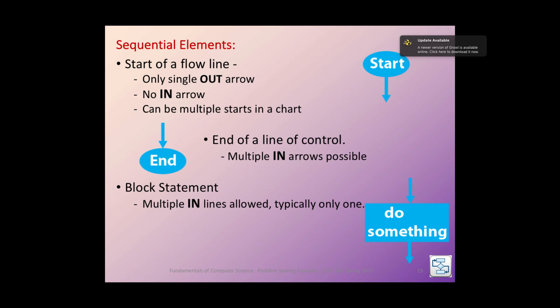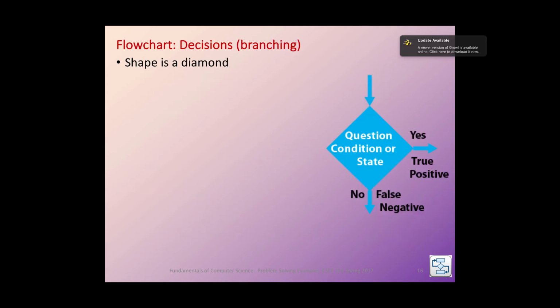Each block is a statement or a single action that has to be performed. And these typically have only one in arrow, but they can have multiple, okay? But only one out line, okay? You'll see that as a common thread, only one out line, okay? And this again describes a single step in the process.